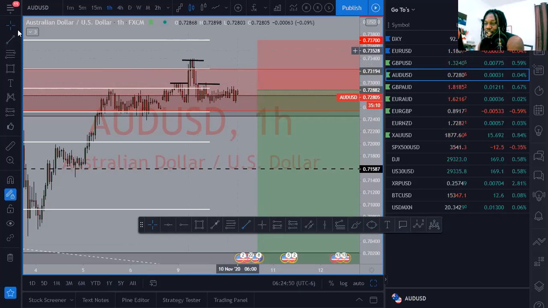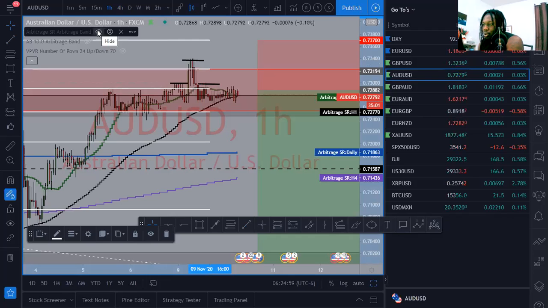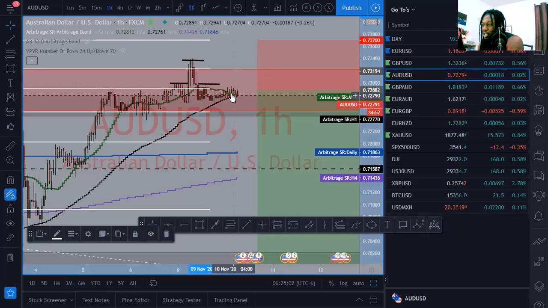Let me actually have my arbitrage support and resistance on. Let me see what it looks like real quick. All right, so it's in between. It's basically at the 15-minute support and resistance and the 1 hour support and resistance. So it would just have to break this low, honestly, for it to continue to the downside and start to come to the daily support and resistance for arbitrage, right?